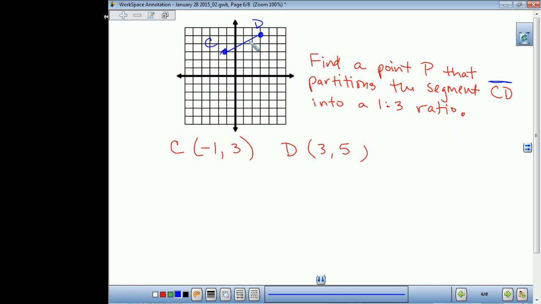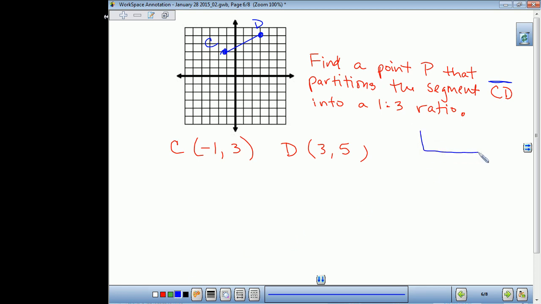I could have a point here and a point there. It didn't say how to do it. So when it's not directed, when it doesn't say from something to something else, you actually have more than one possibility. Now the other thing, does this say a 1/3 distance? No, it says a 1 to 3 ratio.